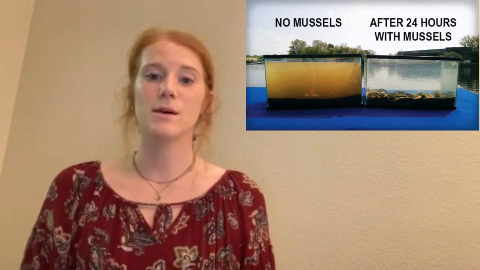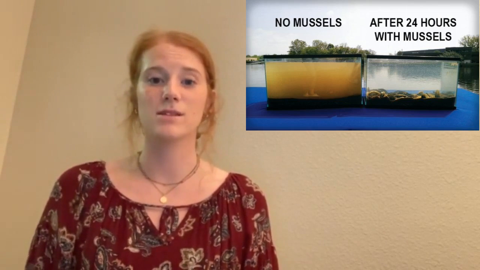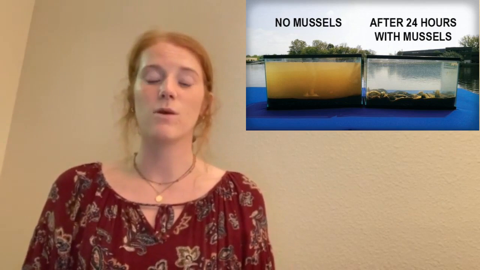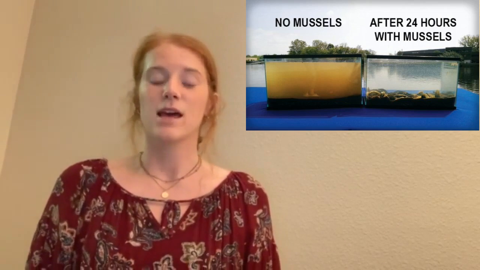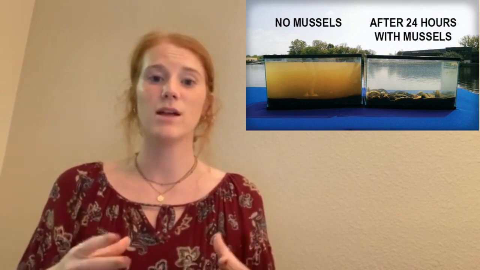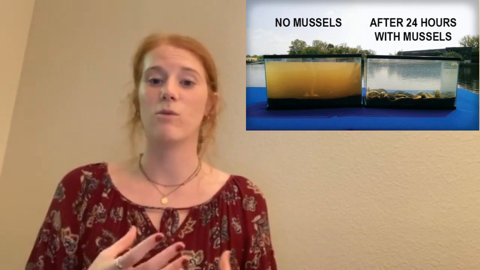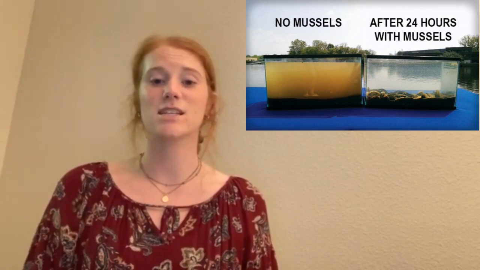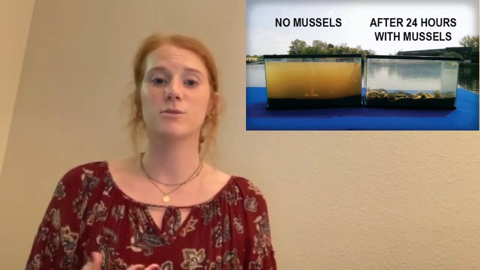I am doing this by taking the DNA from the mussel's stomach and comparing it to the DNA that I take from the water where these mussels live and feed. So the idea is being able to see what resources are available in this body of water, and then comparing it to what these mussels are actually digesting in their stomach as food.